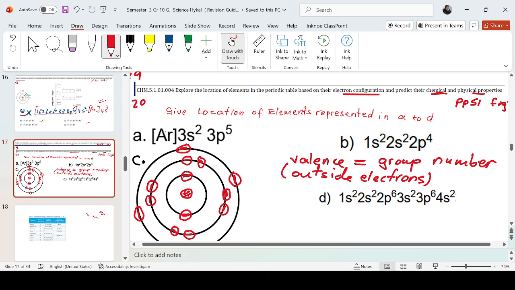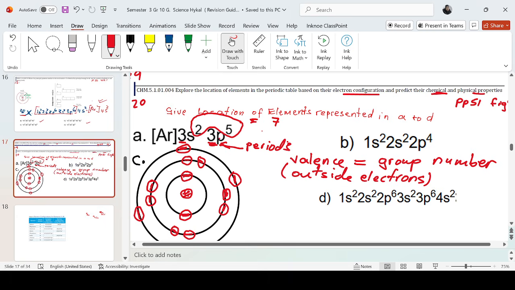Let's look at this one. This is argon, and how many levels? Level number 3. It means this element is in period 3. Now, what is the valence here? It's 5 plus 2, 7.